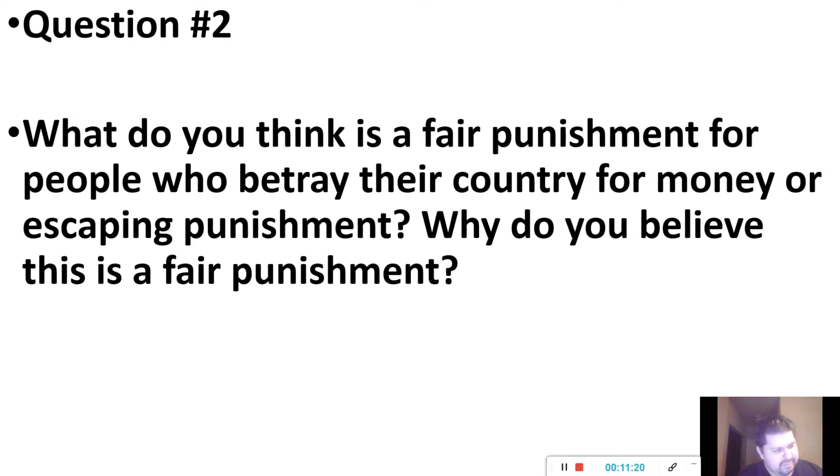So people who turn on our country, selling secrets to our enemies or rival countries, or hey, they have some dirt on us, so they're going to give it to these other countries because of what our country's trying to do, trying to capture them for something they did wrong, stuff like that. So, what do you think? What's a fair punishment for people who betray their country, our country? What do you think is fair?